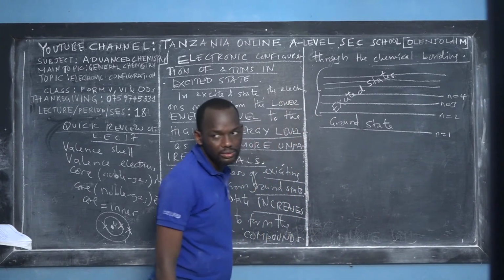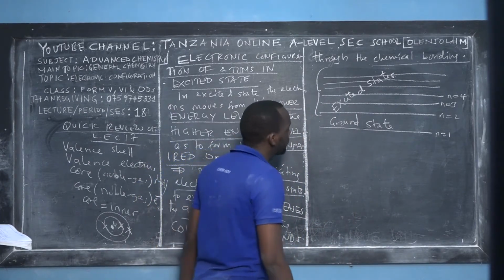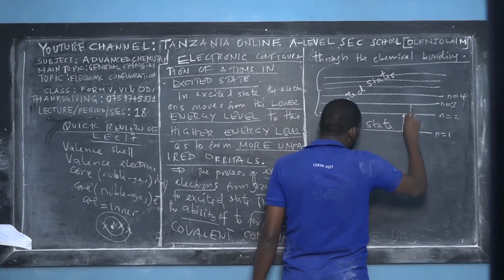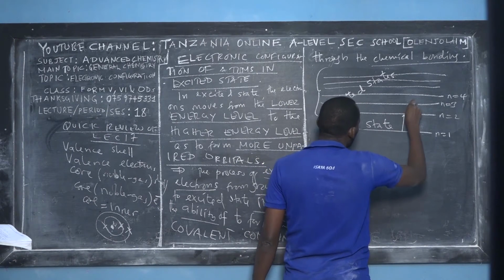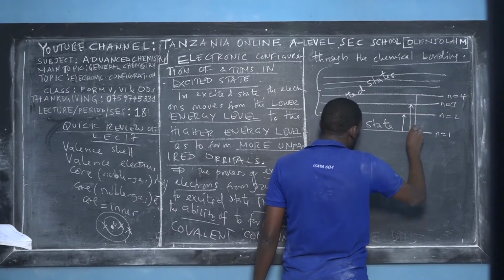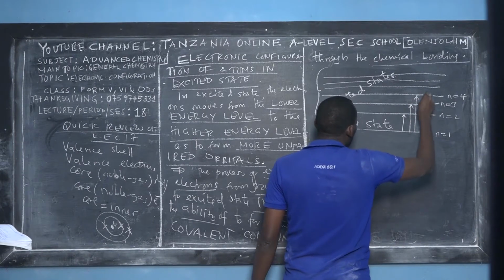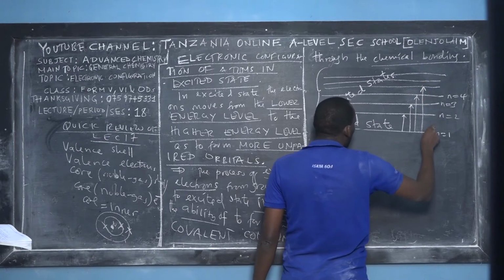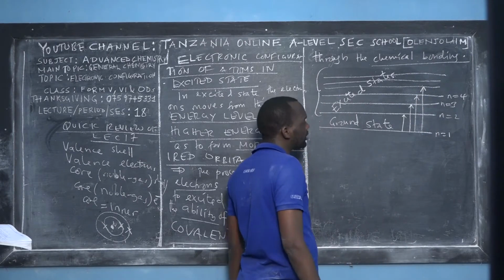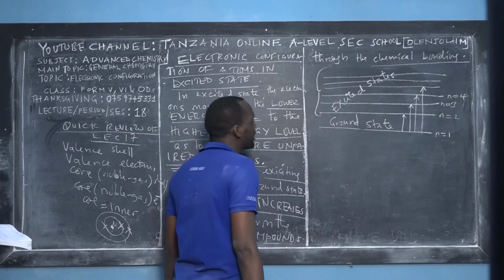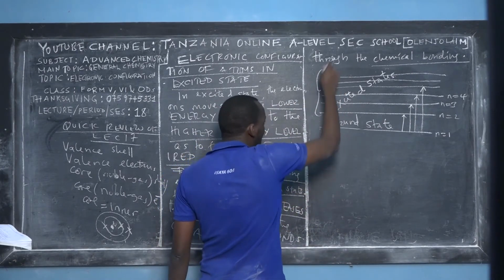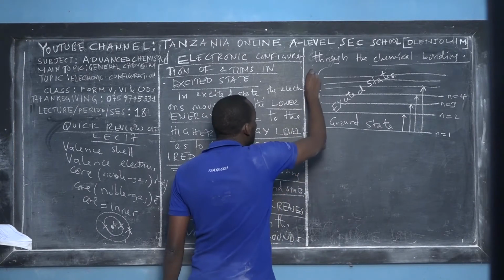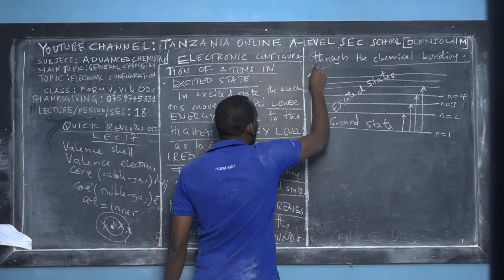When electrons jump from n is equal to 1 to n is equal to 2, that's excitation. When they jump from n is equal to 1 to n is equal to 3, or to n is equal to 4, that's excitation too. These are the excited, higher energy levels. Remember that energy increases as you go up.